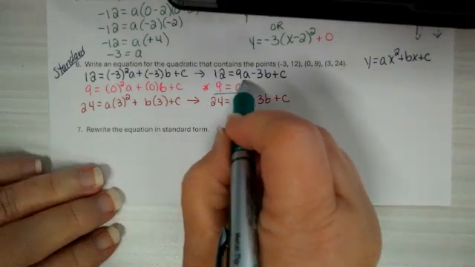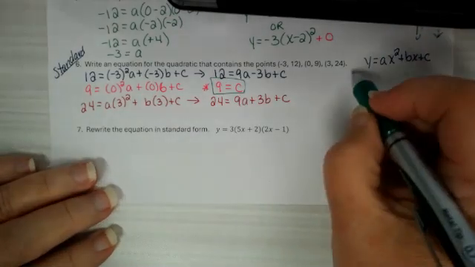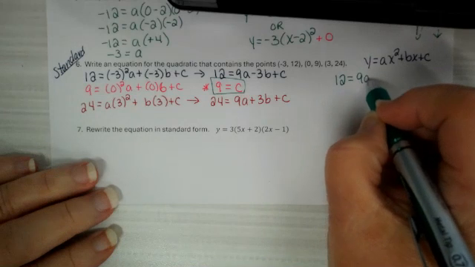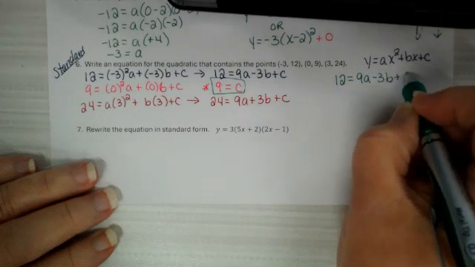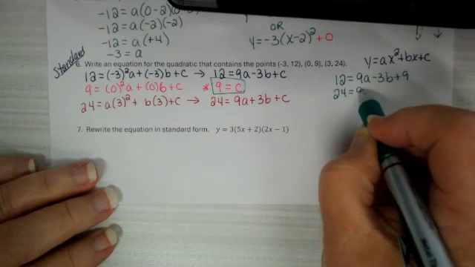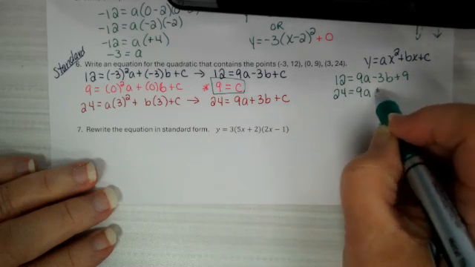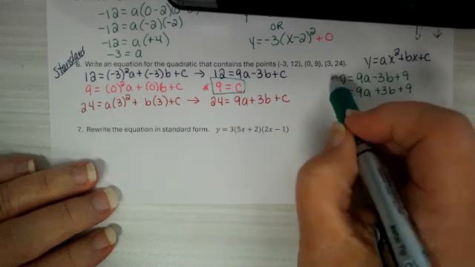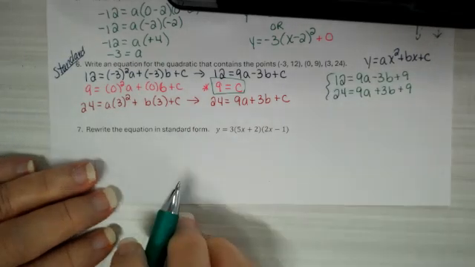The fact that we know that 9 is c is really helpful because now I have 12 equals 9a minus 3b plus 9. And I have 24 equals 9a plus 3b plus 9. So I have 2 equations with 2 variables.